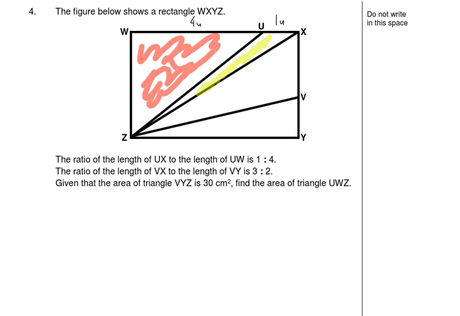Next, we have Vx to Vy is 3:2. So Vx is here, Vy is here. So this is 3:2, right? Correct. Hold on.